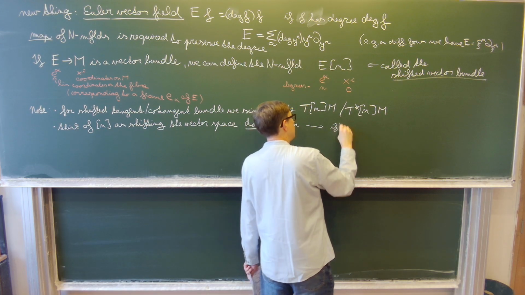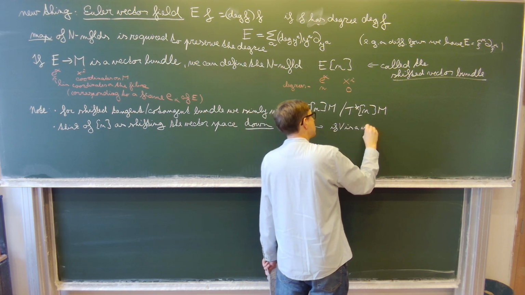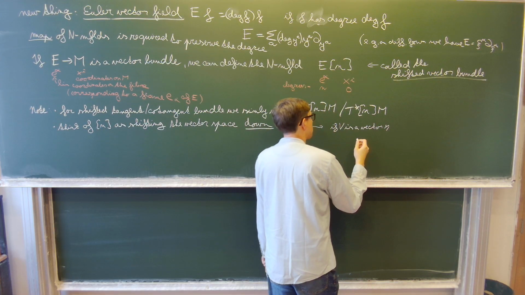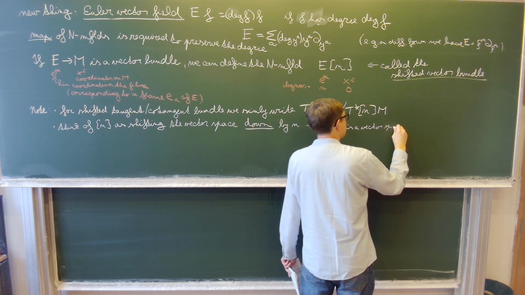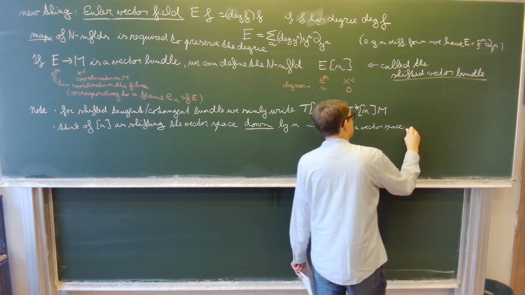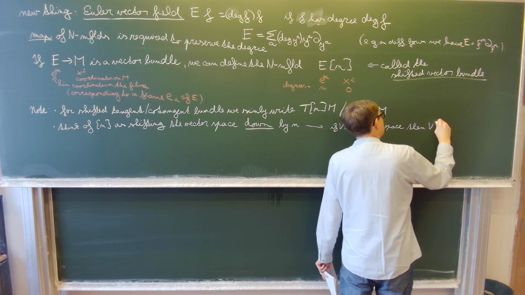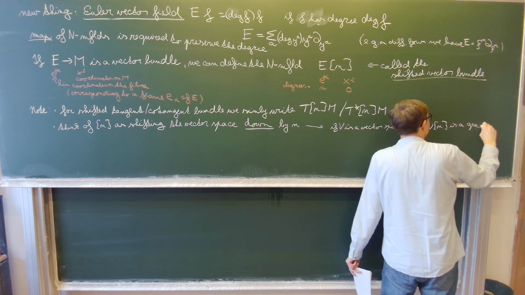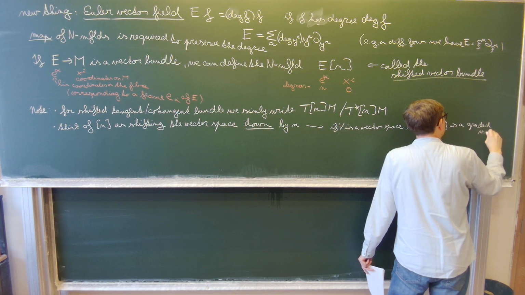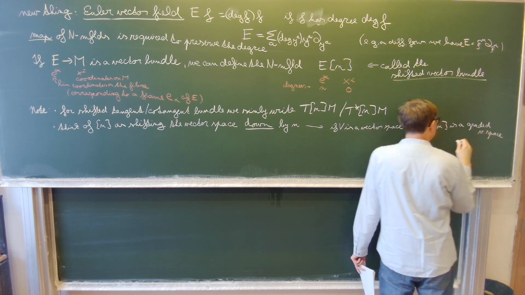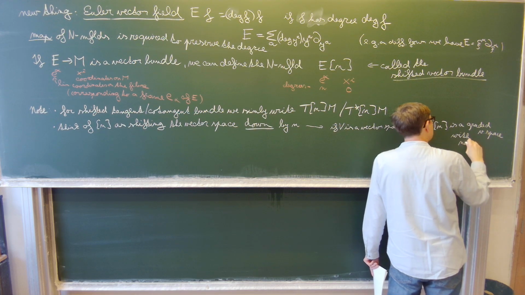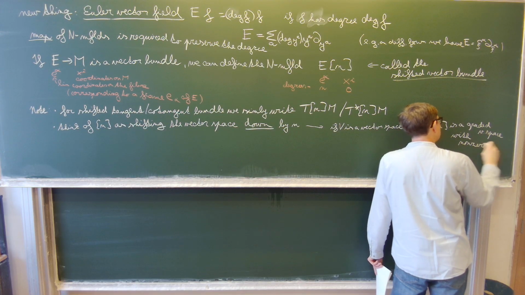If V is a vector space, then V[n] is a graded vector space with non-zero component in degree minus n.